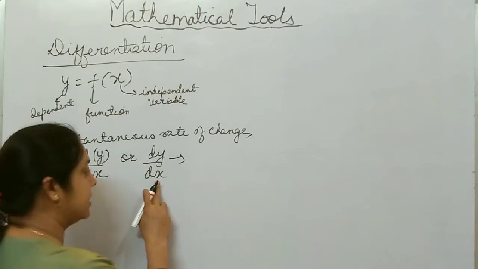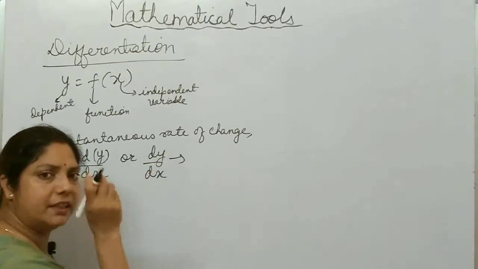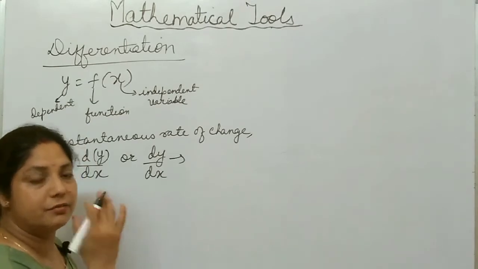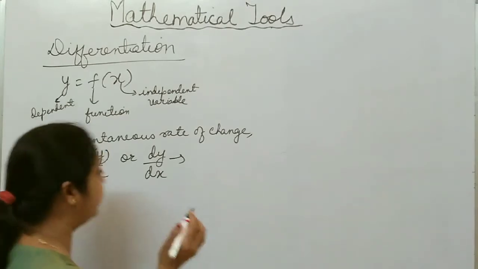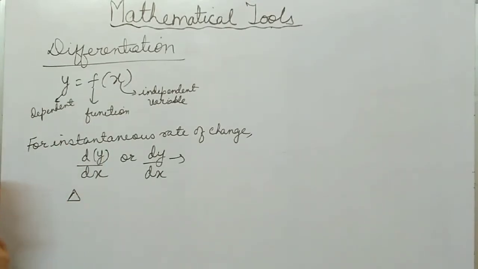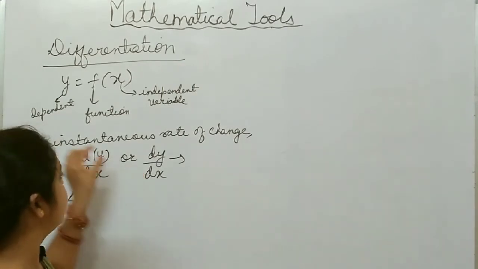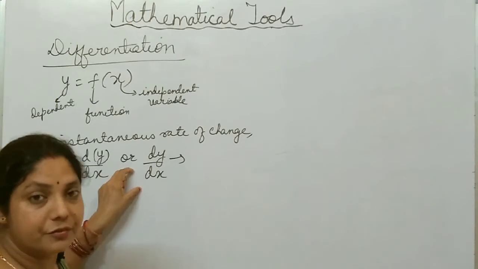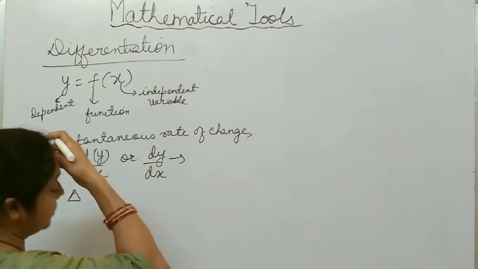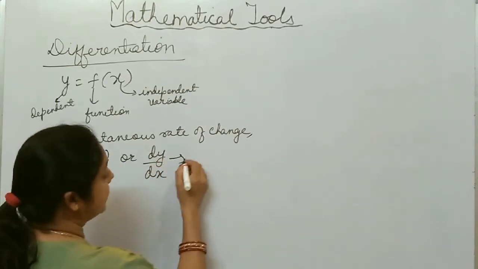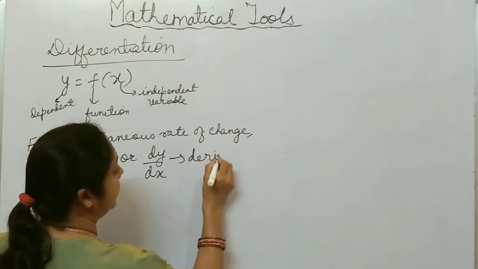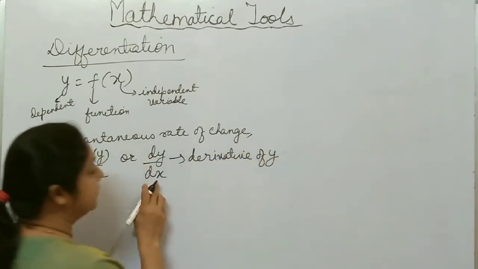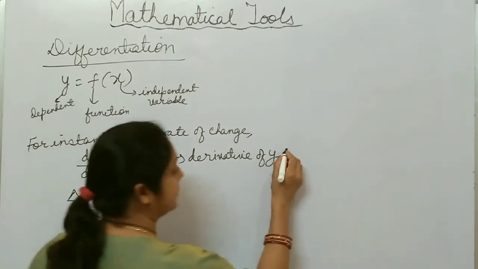When x changes, y also changes. For a large change we use the average, with the delta symbol. But for a very small, instantaneous change, we use a small d. Small d is for differentiation, right? So this dy by dx is the derivative of y with respect to what? x.